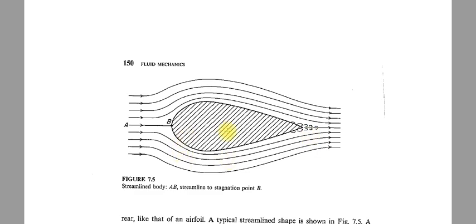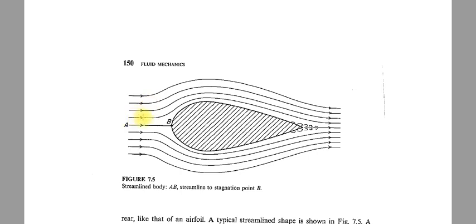Okay, so one more thing you can understand here, there is a small amount of drag here, and that drag is not due to the formation of vortex, but due to this point. This is called a stagnant point. What is the stagnant point? You can see here the fluid is flowing in streamlines, in layers.